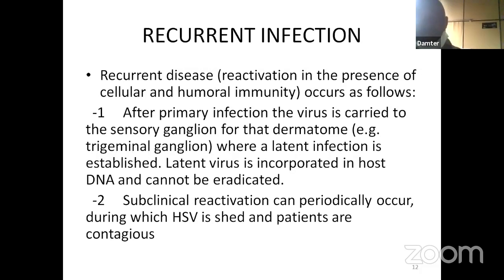The latent virus is incorporated into the host DNA and cannot be eradicated. So once infected with herpes simplex virus, there's a latent infection that remains dormant for life and cannot be eradicated even by antiviral therapy because it's already incorporated into the host DNA.